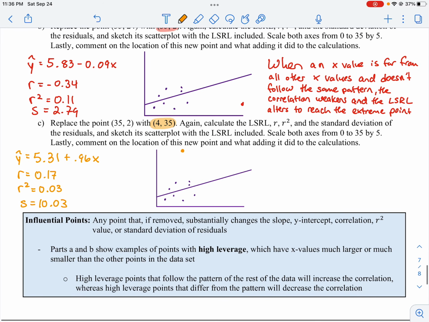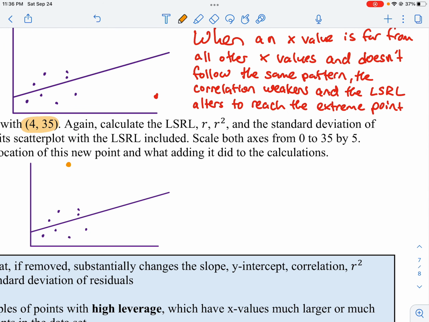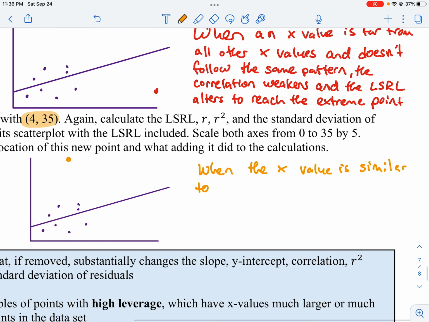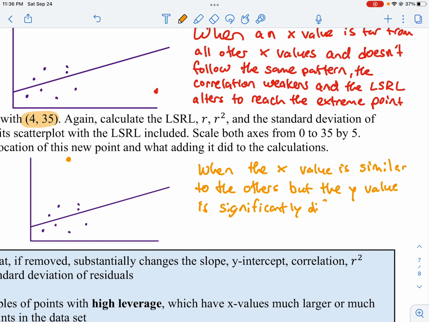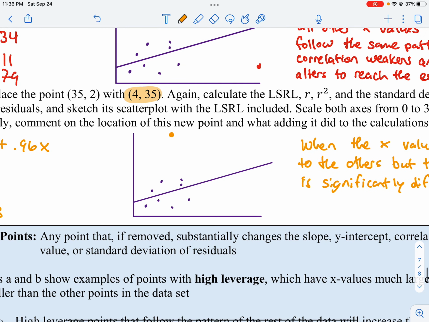Okay, so in this case here, we can say something like when the x value is similar to the others, but the y value is significantly different, the biggest change is in our standard deviation of the residuals.